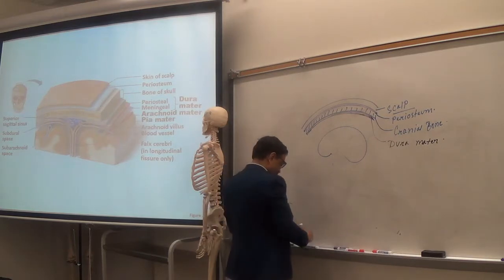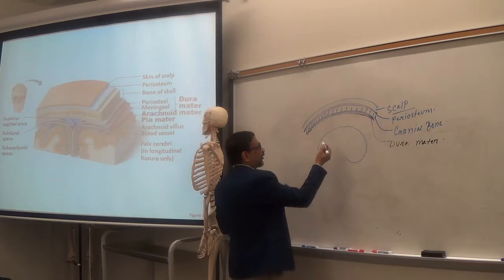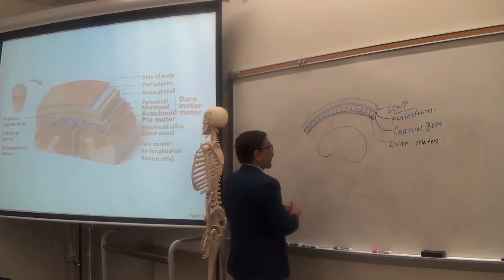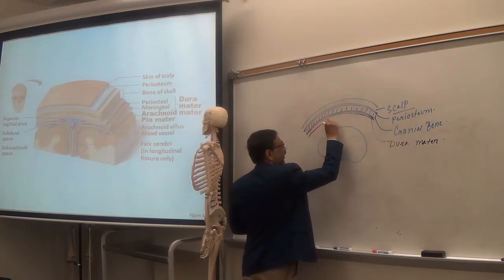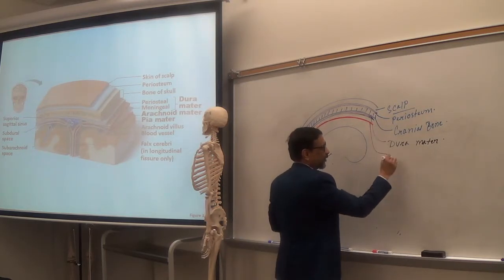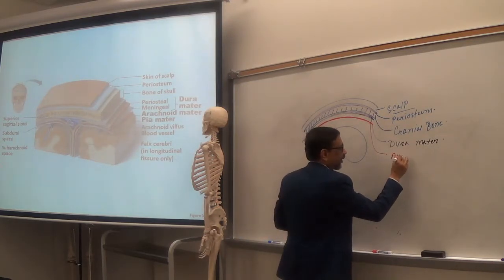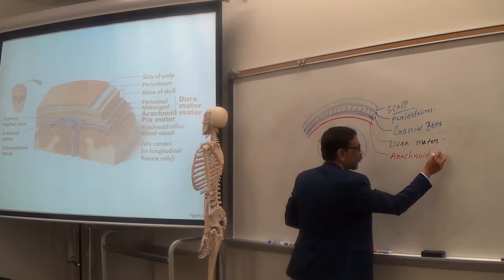Then you have another layer of meninges that is called arachnoid matter. There is a gap, and then this layer is another layer of meninges that is called arachnoid matter.